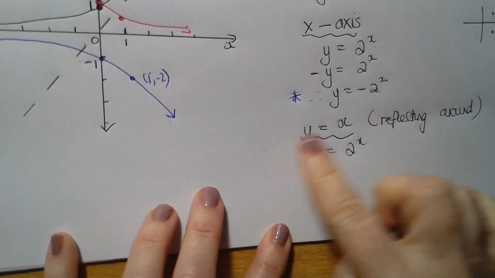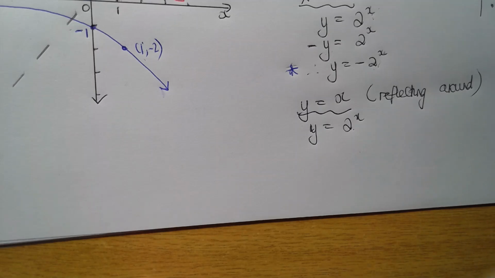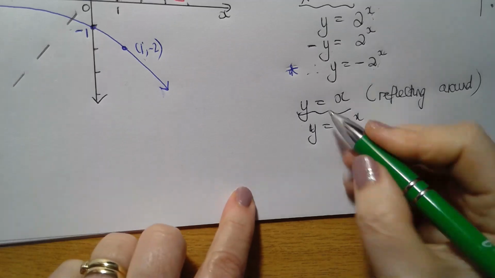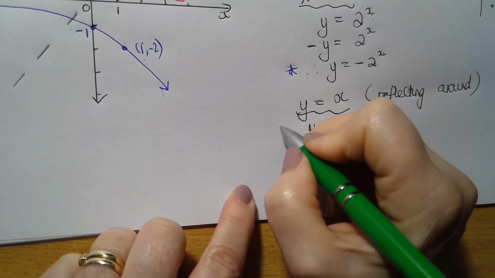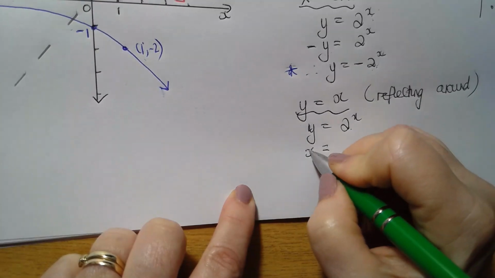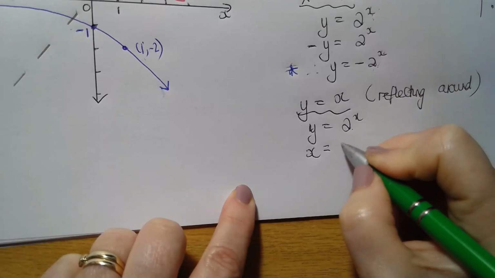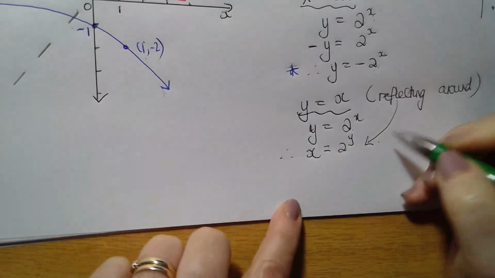What do we do when we reflect around the line y equal to x? Well, we do exactly what it says. We say y becomes x and x becomes y. So the first thing I'm going to do is I'm going to say, well, y becomes x, and this x becomes y, okay, if I'm reflecting.